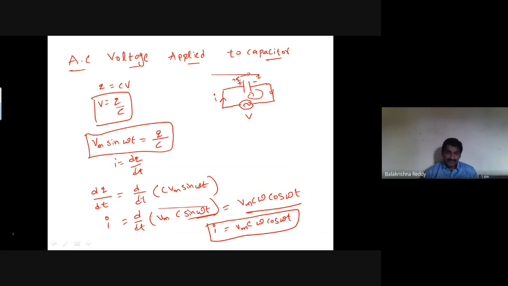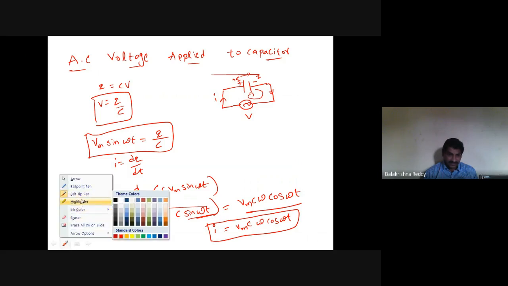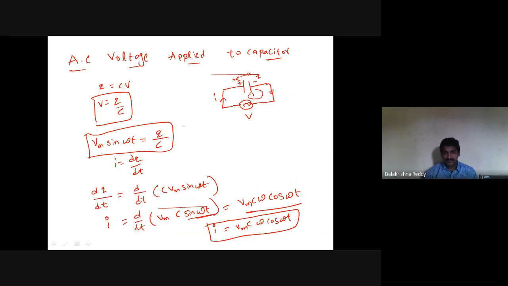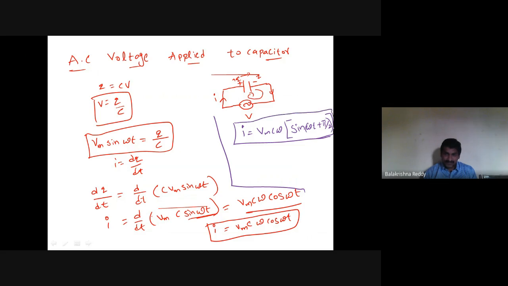I can write this expression another way, in terms of the sine component. I equal to Vm C omega cos omega t, and cos omega t I can write as sine of omega t plus pi by 2, since sine of 90 plus theta gives cos theta.